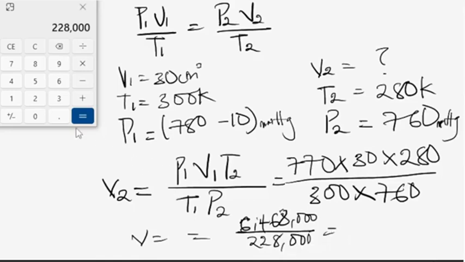So guys, let's calculate this out together. It's 6,468,000 divided by 228,000, that's 28.36, and that's approximately 28.4 cm cube.